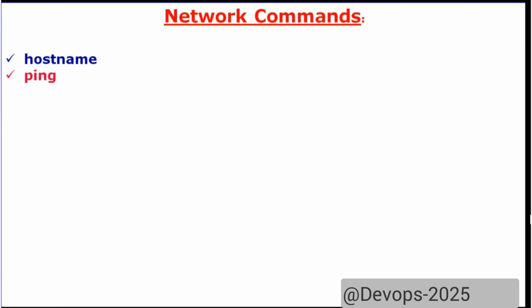We can use it to verify whether the server is up and running, or whether the device is active or inactive, online or offline. So using ping we can come to know whether the destination server is active or not.